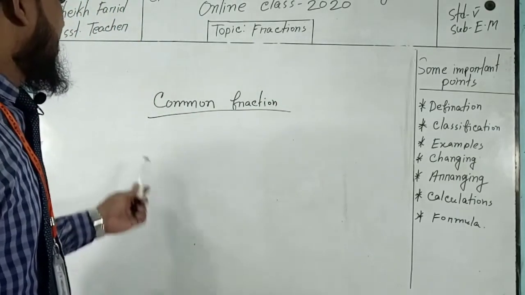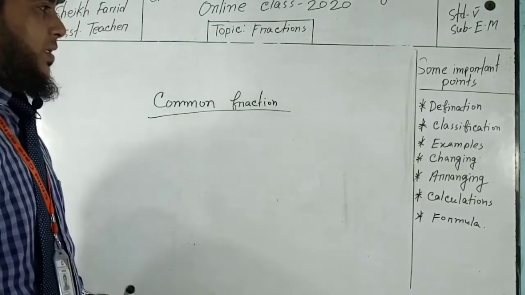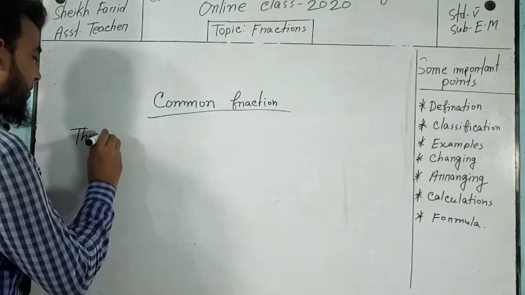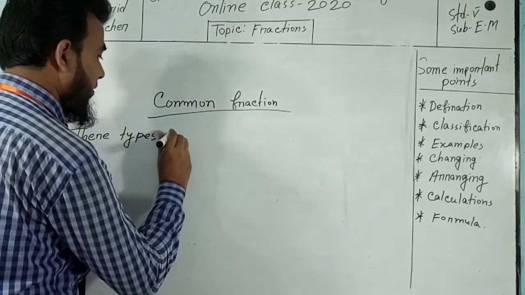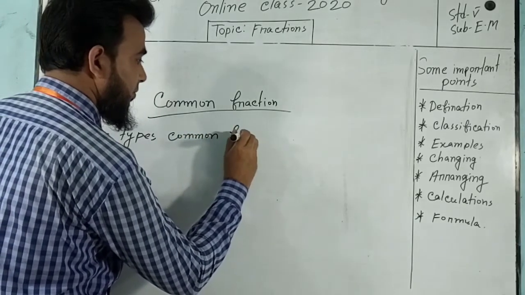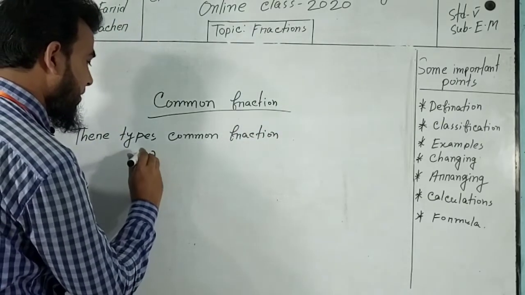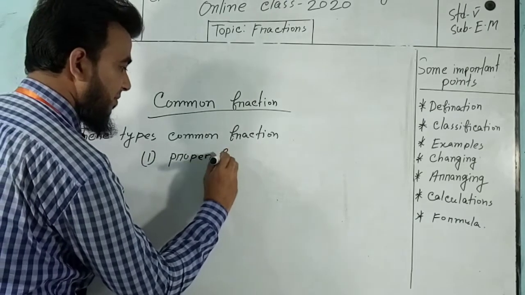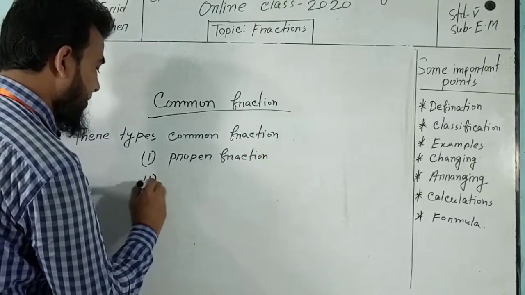You know that if we make the classification of common fraction, there are three types of fractions. Especially we can say, three types of common fractions. The first one is proper fraction. The second one is improper fraction.